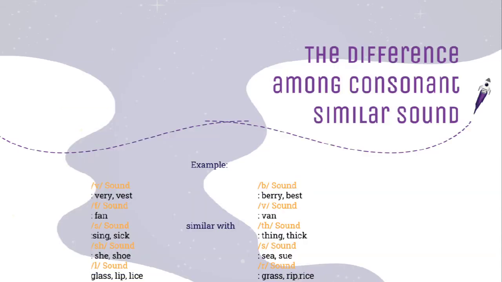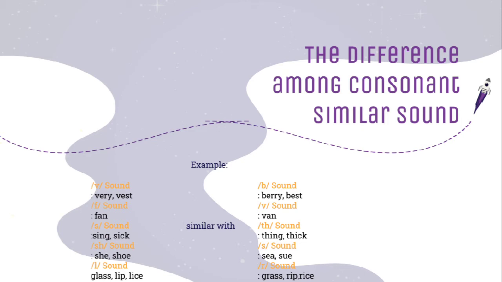Let's move to the next material. The next is about the difference among consonant similar sound. Here we will refer some example. F sound, very, vast, similar with B sound, very, best. F sound, fan, similar with F sound, fan.